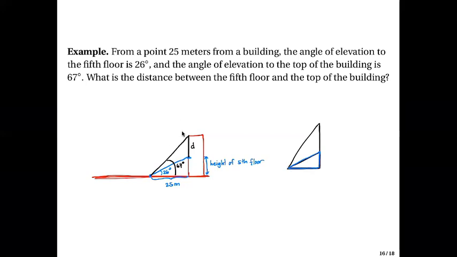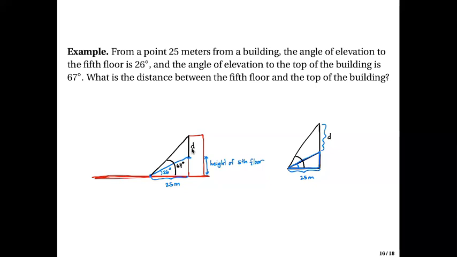And we want to find this D here. We know that this is equal to 25 meters. We are given this angle here, and this angle here. So, since the right triangle is the only tool that we have, we use right triangles to find this D.